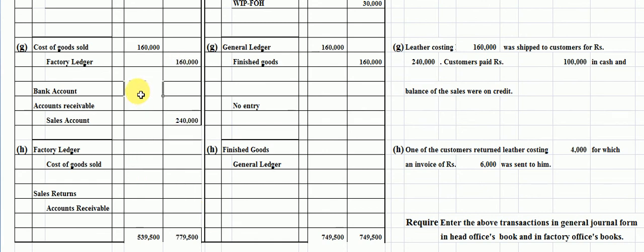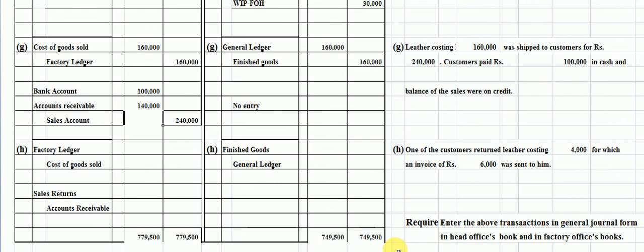The cash sale is 1 lakh rupees and the credit sale, which is charged to accounts receivable, is 1,40,000 rupees. Friends, this is the G part sale entries which are divided into two categories, cash sales and credit sales.